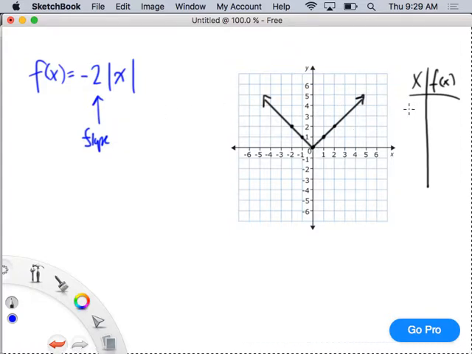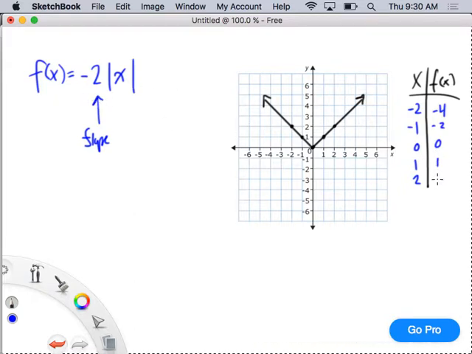So let's plug in some points and just see what happens. If I plug in -2, absolute value of -2 is 2. 2 times -2 is -4. Absolute value of -1 is 1. -2 times 1 is -2. -2 times 0 is 0.